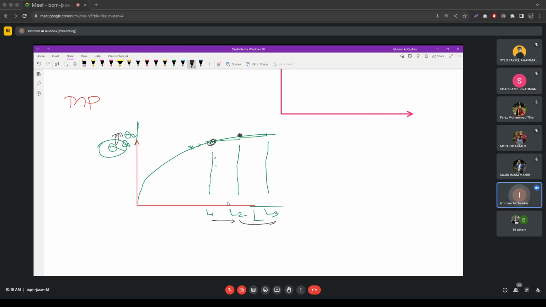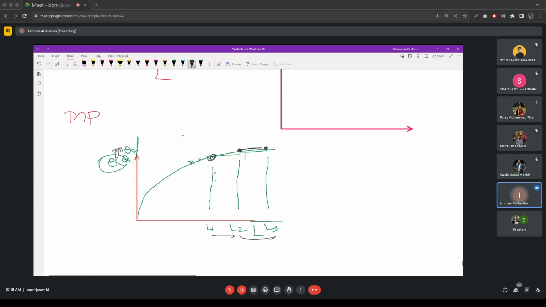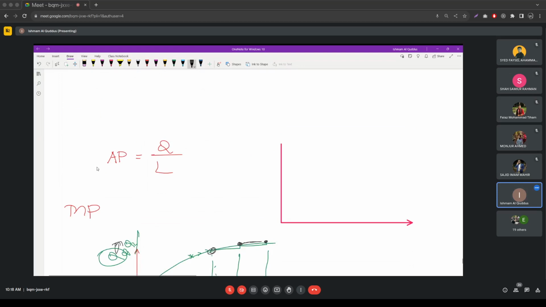However, the change in the production level is minimal. So there won't be any significant change. So what this indicates, look at the numbers. If your labor increases significantly and output does not increase that much, what will happen to AP?